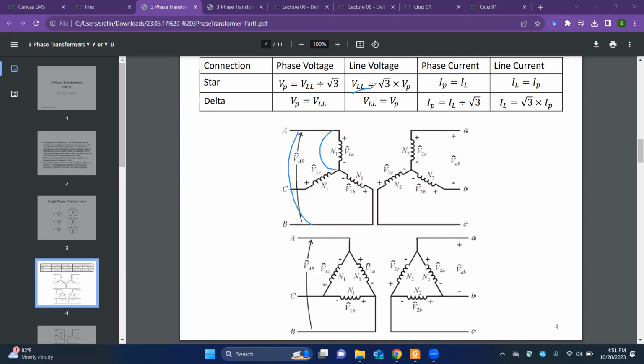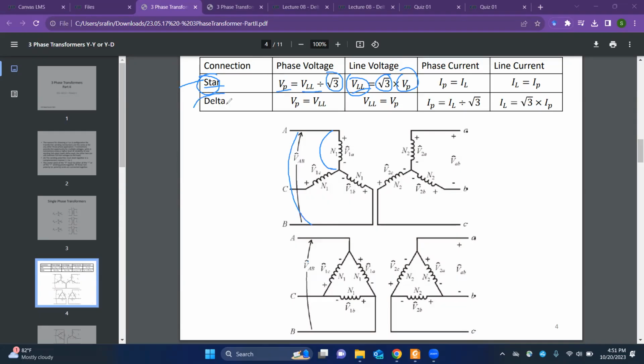So line voltage for star connection, star is another name for Y connection, phase voltage is lower than the line voltage. It's √3 times lower, that means line voltage is √3 times larger than phase voltage. But in case of current in star connection or Y connection, they're the same. Phase current and line current, they're the same.